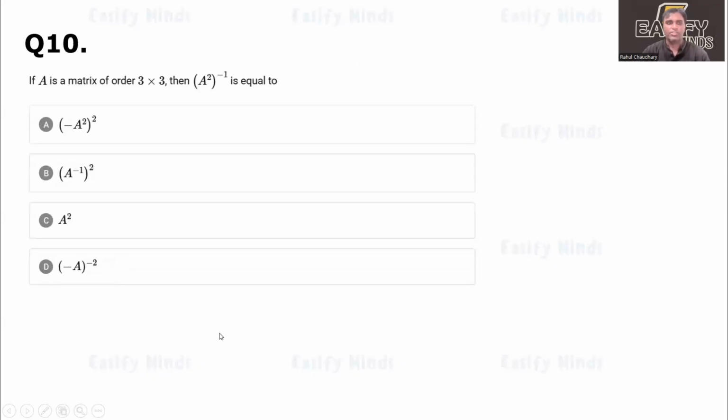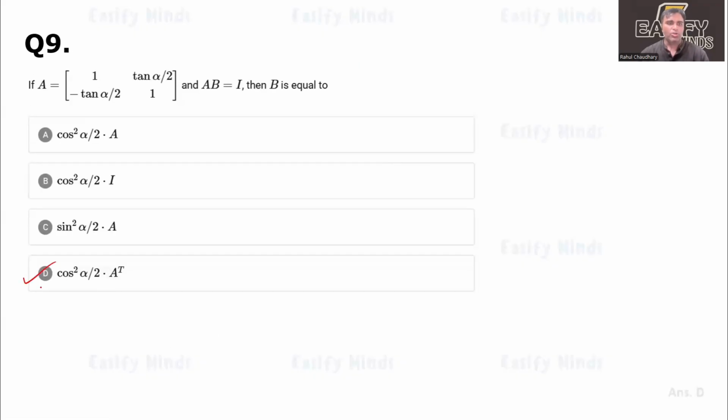Easy question. The answer is D, cos square alpha by 2 into A transpose. Whenever two matrices multiply to I, remember A into A inverse is I. This is the property. It means B is definitely A inverse.